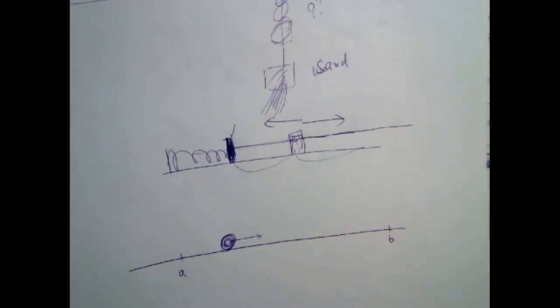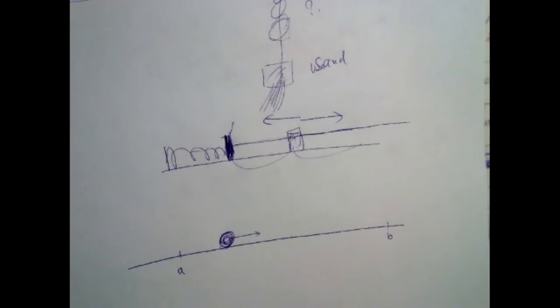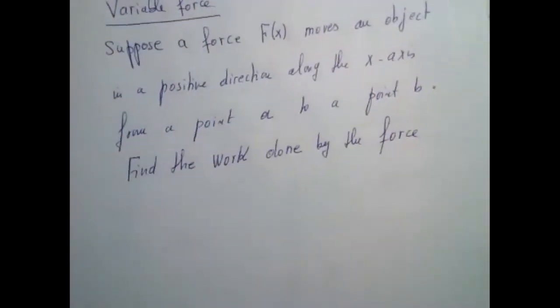All right, so let me set up the problem and then start thinking about how we're going to solve work in this case. My problem is the following. Variable force. That's really what we're going to talk about.